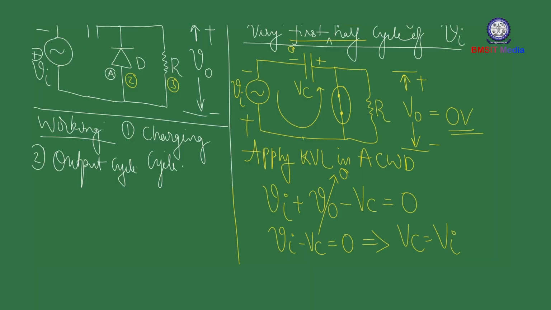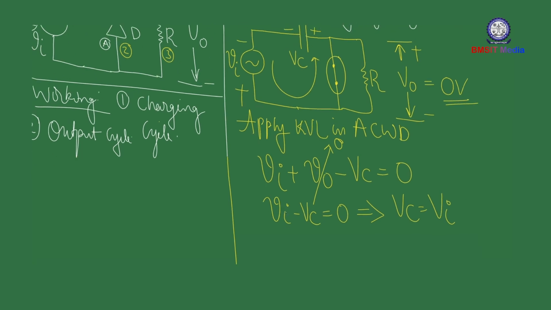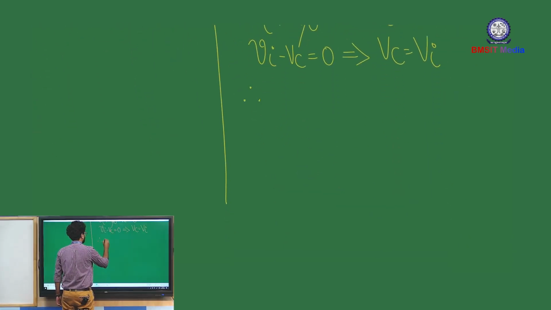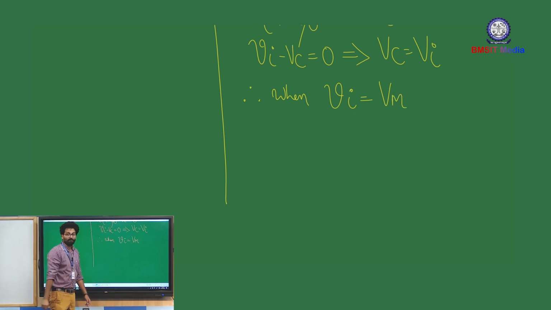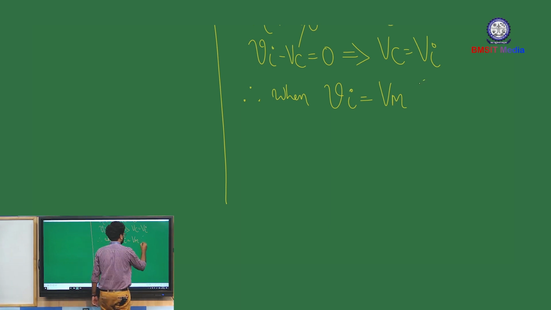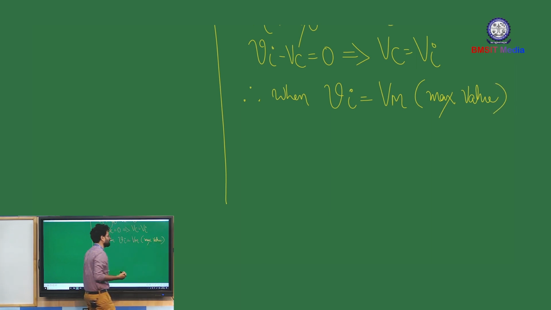And what is Vi? Vi is nothing but the incoming input signal. Therefore, when Vi reaches its maximum value in the very first negative half cycle, when Vi becomes Vm, which is the maximum value of the input, what about Vc? When Vi is Vm, Vc is equal to Vm.